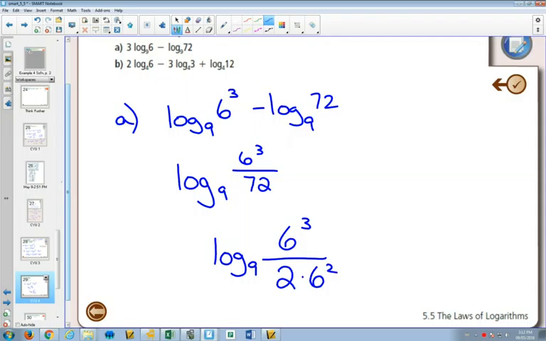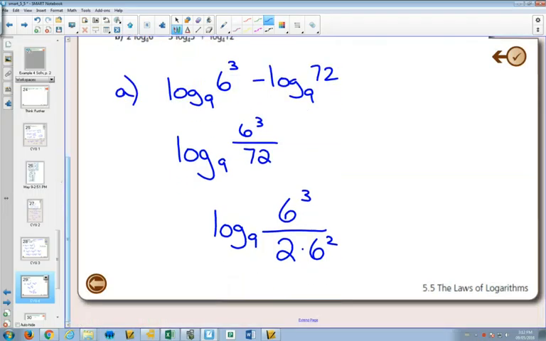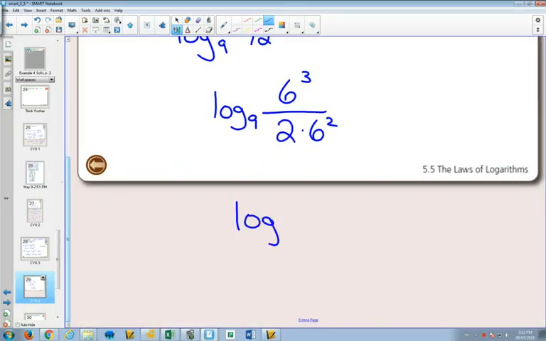Can you see how this is helpful? Because my 6's are going to cancel out. And this is just going to be 6 over 2, which is 3. And this is something we can do with mental math.